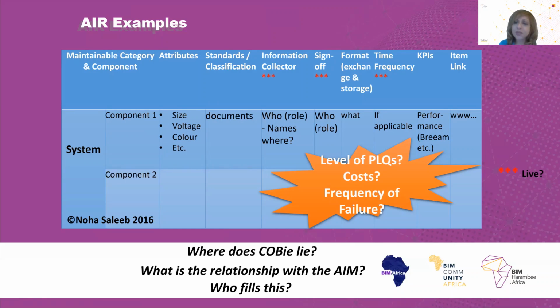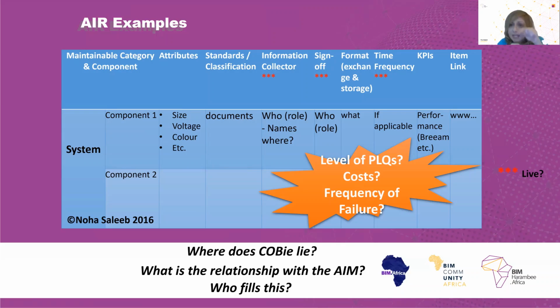What is the relationship between that and the asset information model? They should go hand in hand, of course. We don't necessarily in the asset information model need to put prescriptively all the families with all the details of all of the equipment of all of the components.